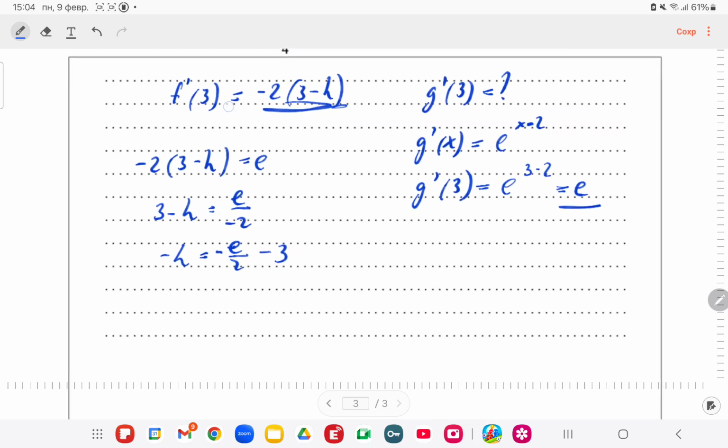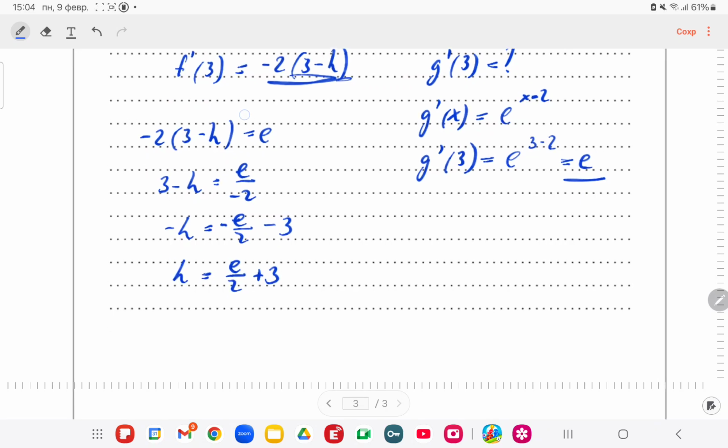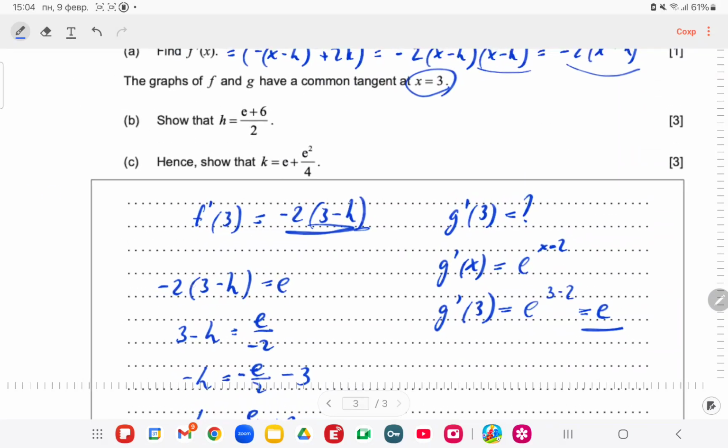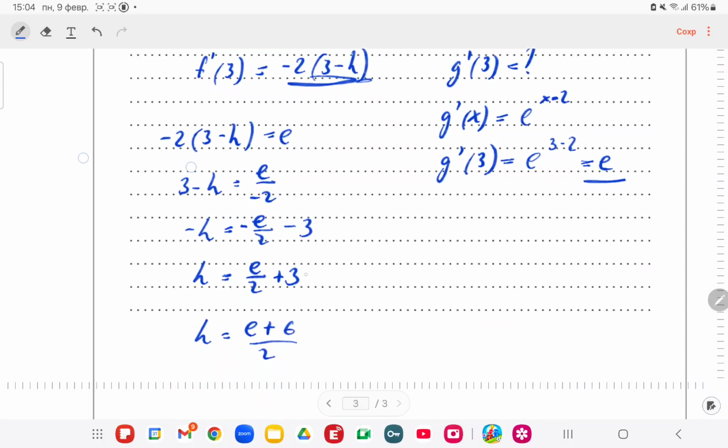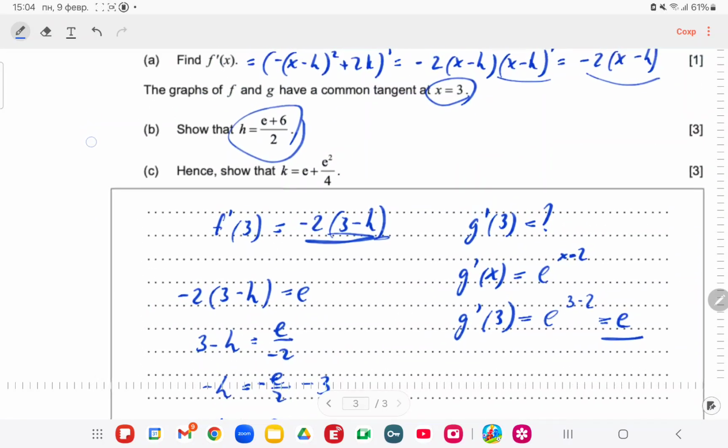And let's divide everything by negative 1, right? So it's e over 2 plus 3. If we find the common denominator, it will be e plus 6 over 2. This is what it said to be found, right? So this is part B.